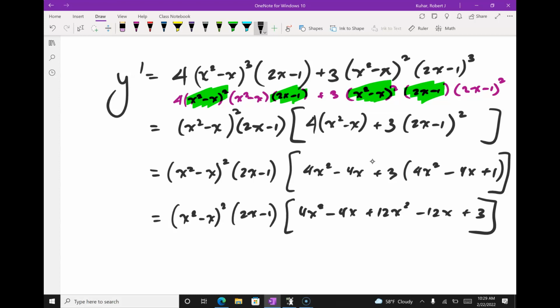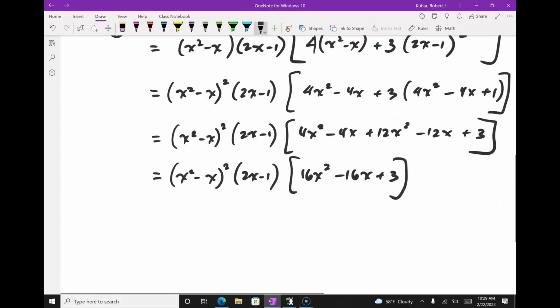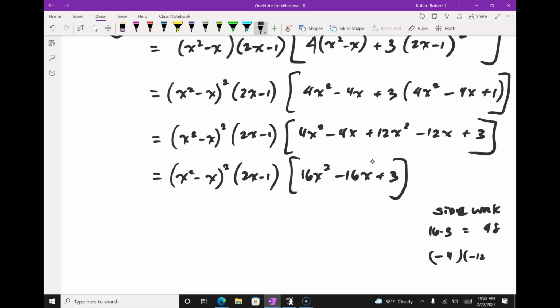I can simplify this. I get 16x squared minus 16x plus 3. And I have to decide if this is factorable, so I got to do a little side work here. 16 times 3 is 48. Negative 4 times negative 12 is 48.